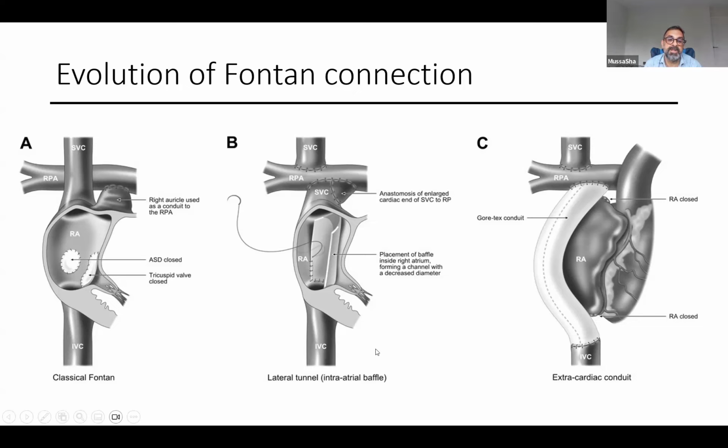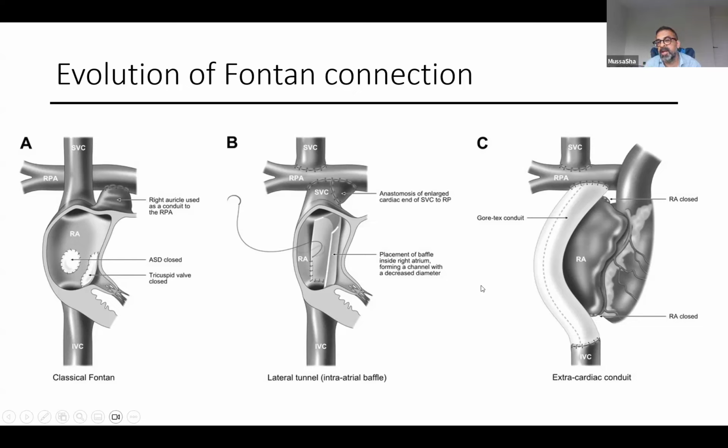And then this is Marc de Laval's version of the Fontan circulation, with the construction of a lateral tunnel by placing a Gore-Tex baffle within the atrium to make sure, again, that there is separation of the pulmonary and systemic venous returns, and the systemic venous return is being directed into the pulmonary vascular bed.